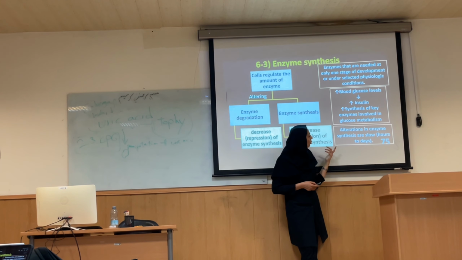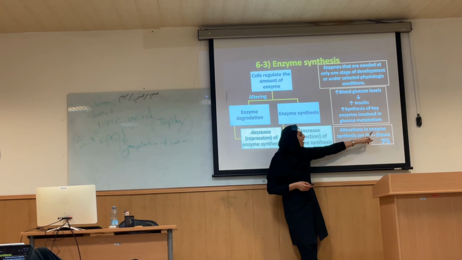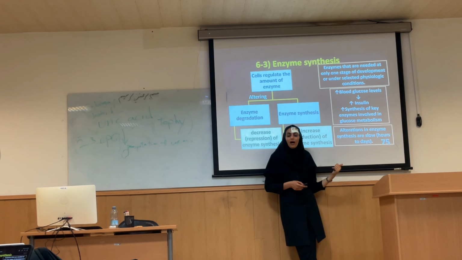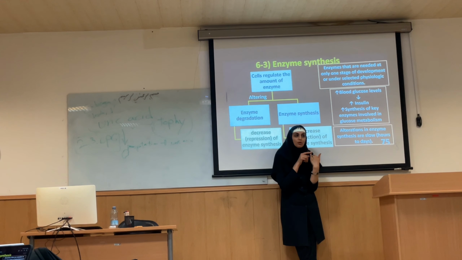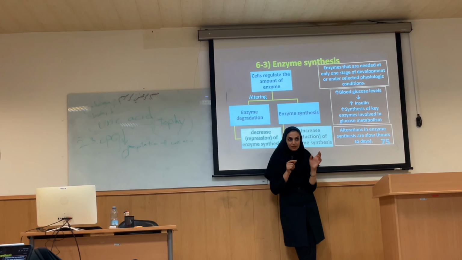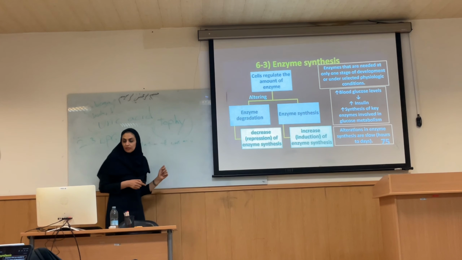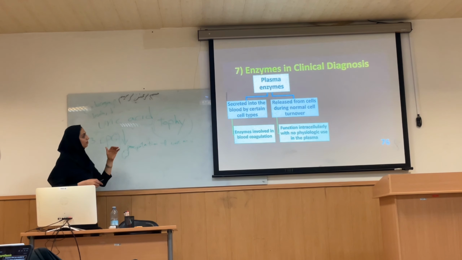And the other point, as I've explained, alterations in enzyme synthesis are slow, hours to days. But covalent modification and allosteric effectors occur in seconds and minutes. Synthesis is slower than the other two.